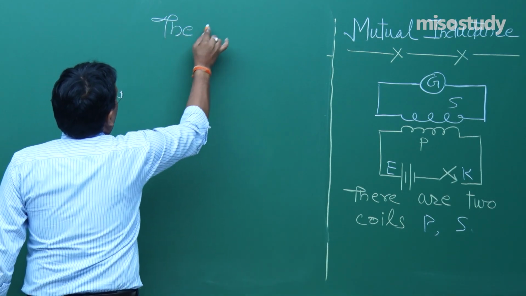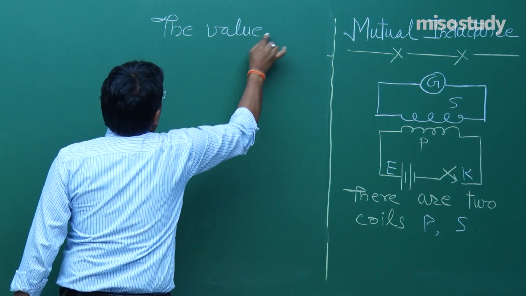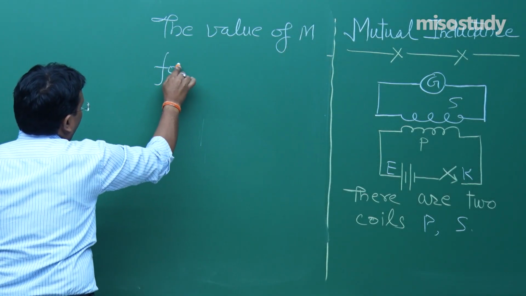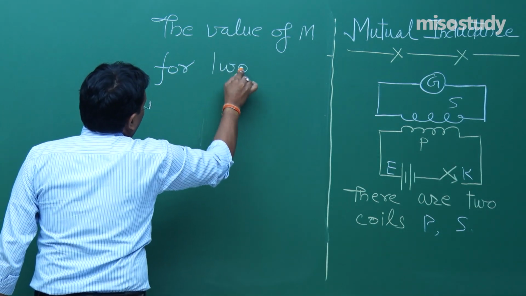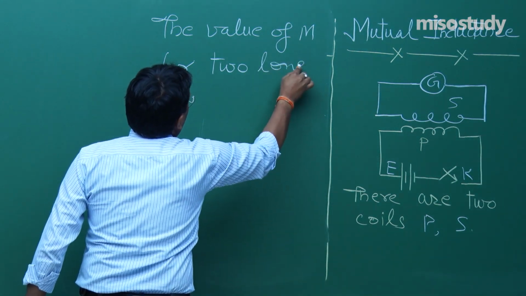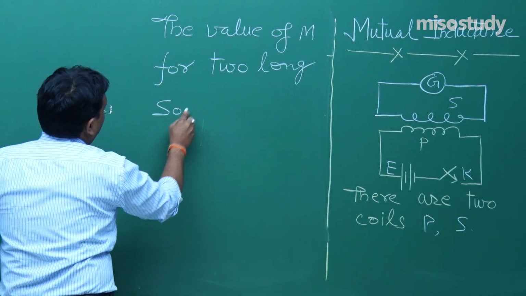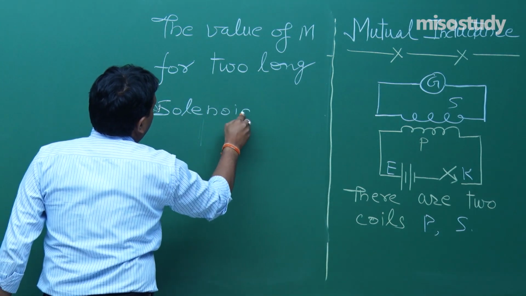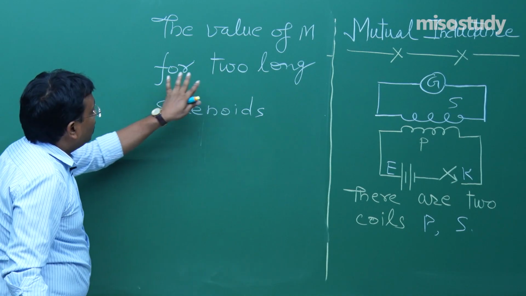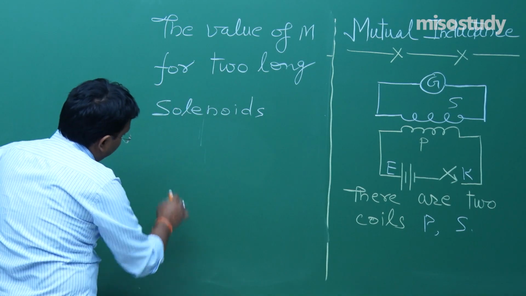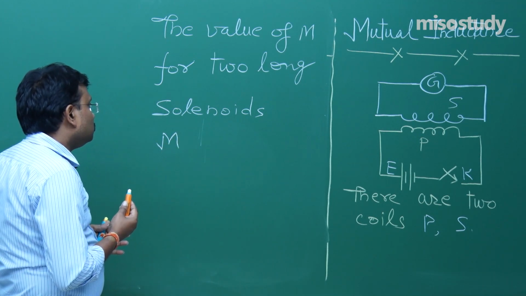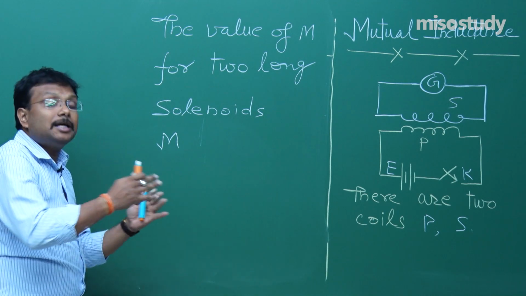The value of M for two long solenoids, the value of M, that is mutual inductance for two long solenoids, if two long solenoids are placed together.